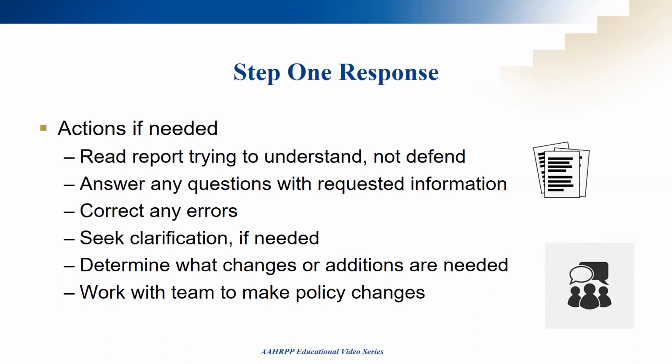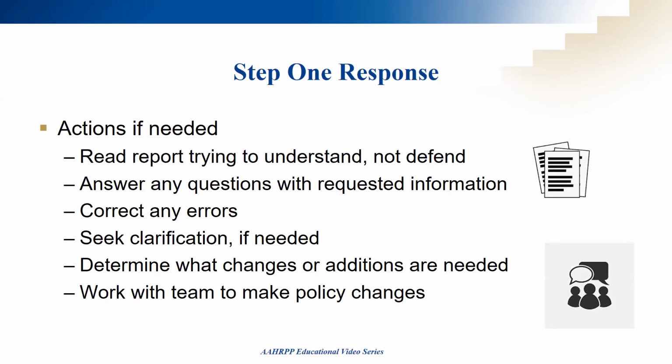Once in a while, there might be an error in terms of some of what the Step 1 reviewer has sent back to you. And so what you want to do is make sure that you correct those errors very respectfully, but just let them know that that's not what was in the actual report. And then if you don't understand something that they're asking of you, or how they didn't see what you thought was there, be sure to seek clarification.